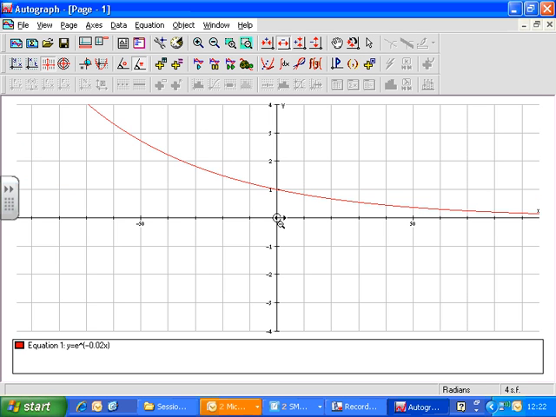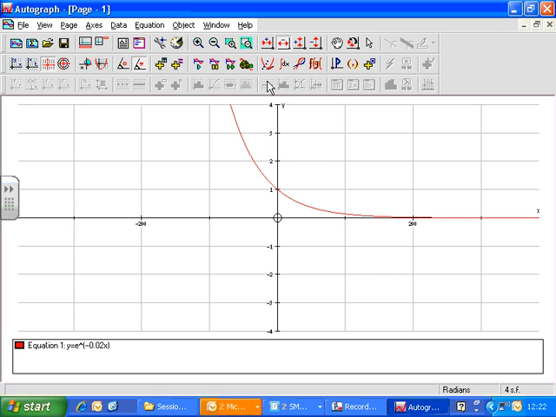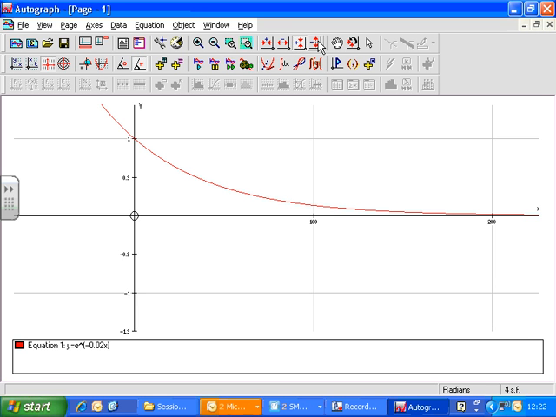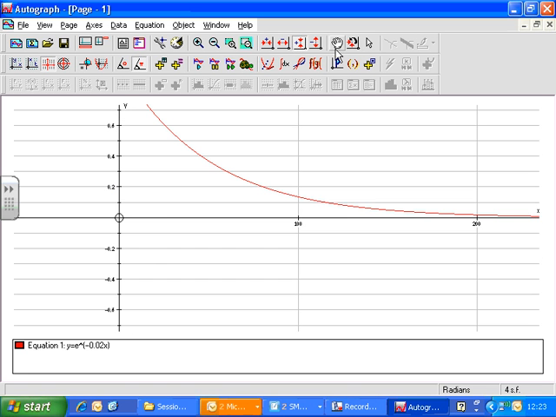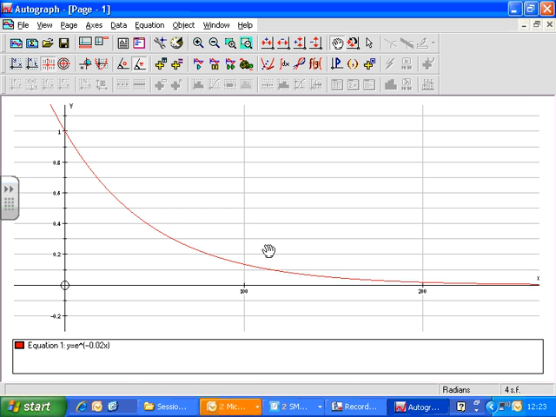So let's zoom in on the x-axis and we start to see what the curve looks like. I can zoom in on part of the curve by putting a zoom box in. I'm interested in that part. I can zoom in on the y-axis, drag it around, zoom in again on the y-axis, drag it down, because we're only interested in what happens after t equals 0.